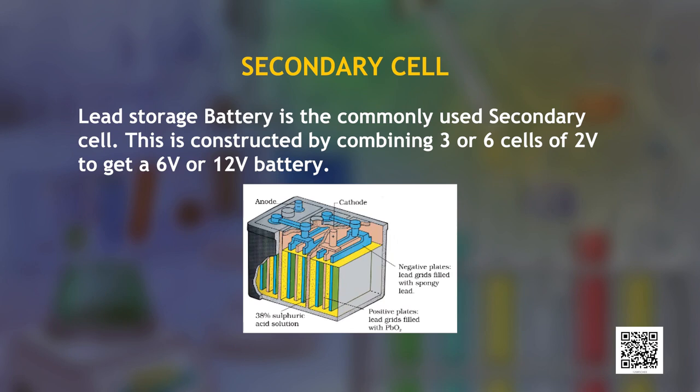This is constructed by combining 3 or 6 cells of 2 volt to get a 6 volt or a 12 volt battery. The anode consists of a number of plates connected in parallel. Each plate is a grid of lead filled with finely divided spongy lead.